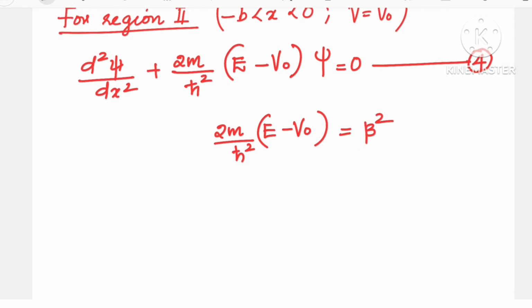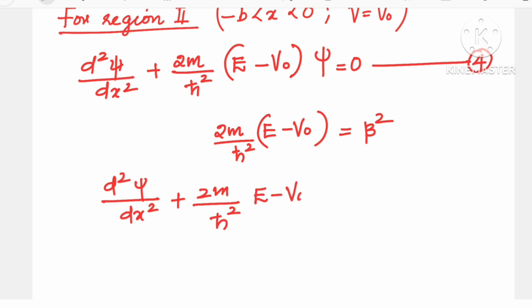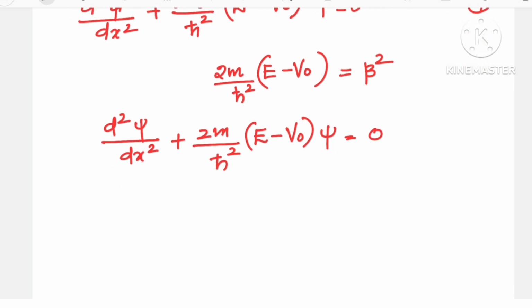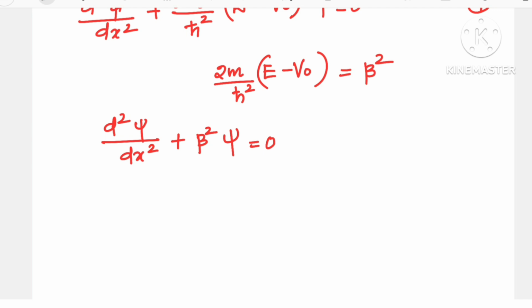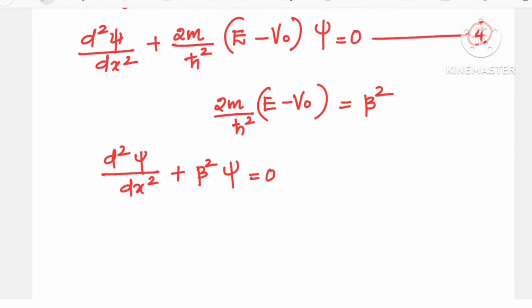Then equation number 4 becomes d square psi by dx square plus beta square psi is equal to 0. This is equation number 5.